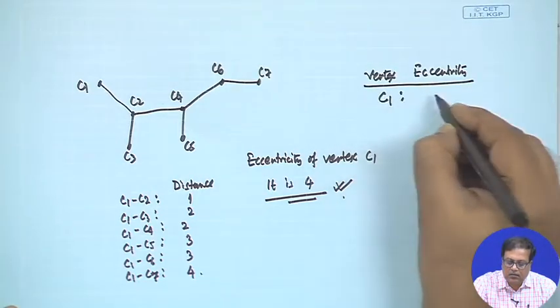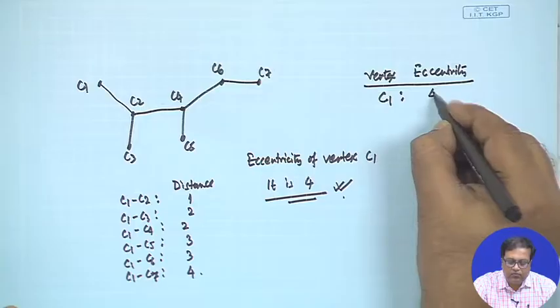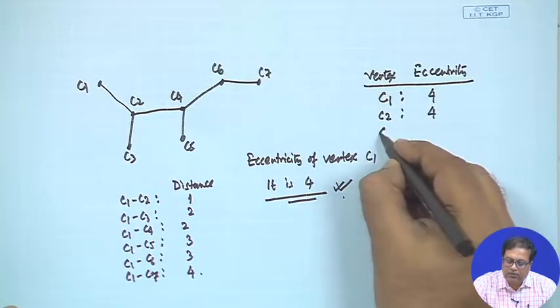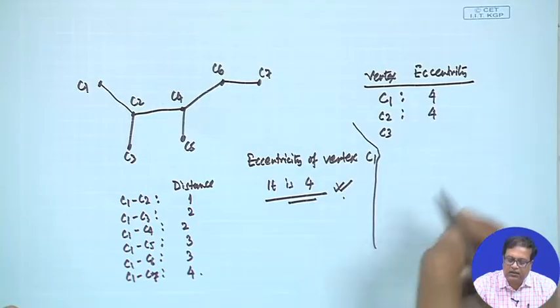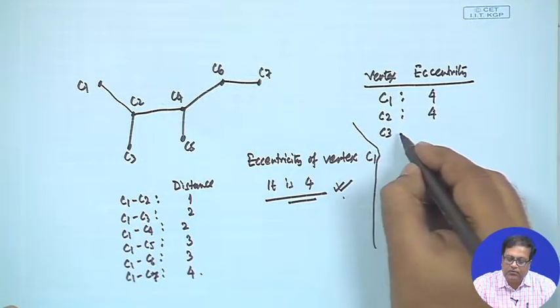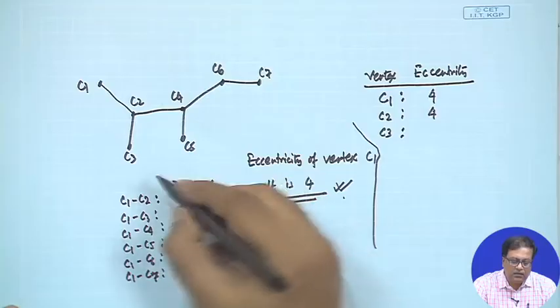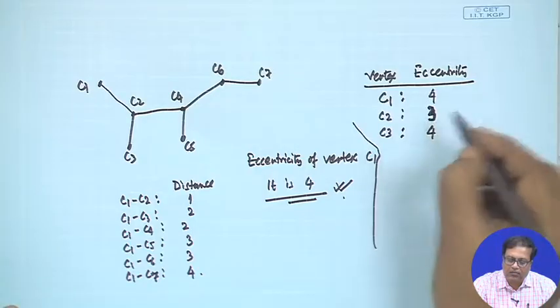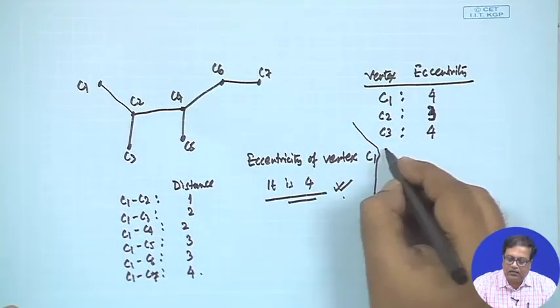C1 is, we have found out 4, C2 also 4. What is the eccentricity of C3? C3 is 4, because C2 is further from here.